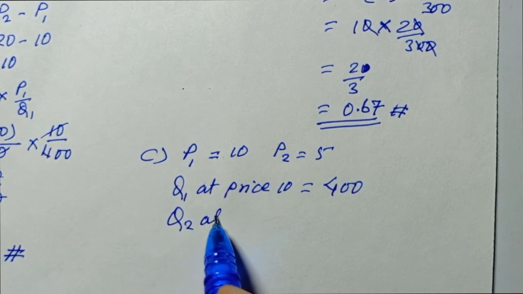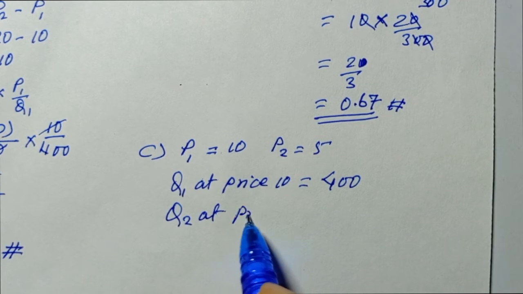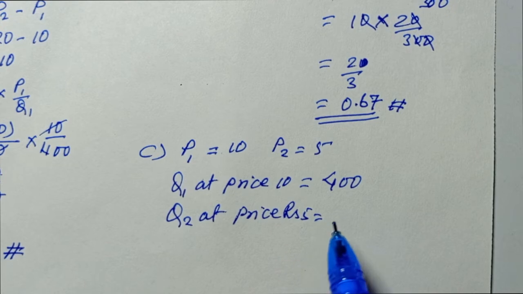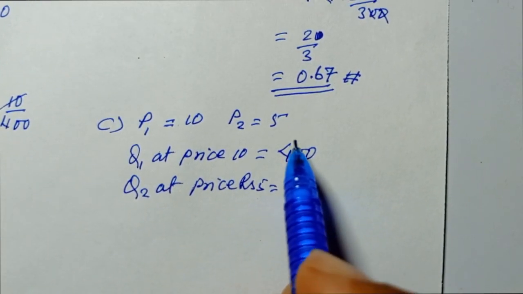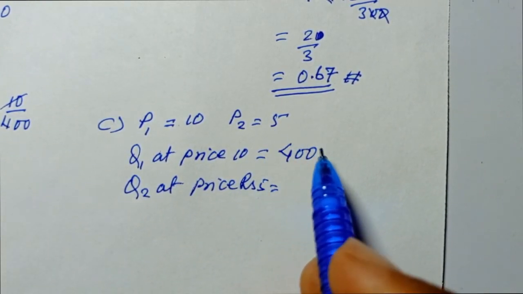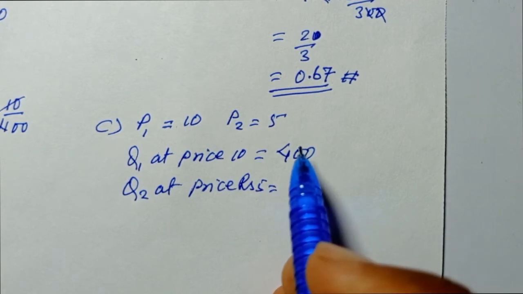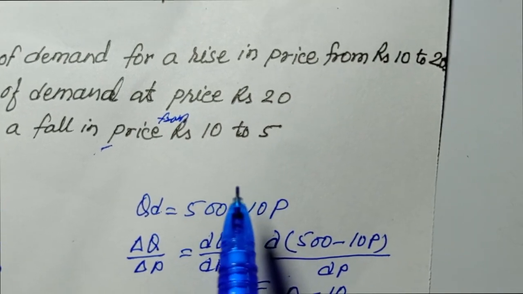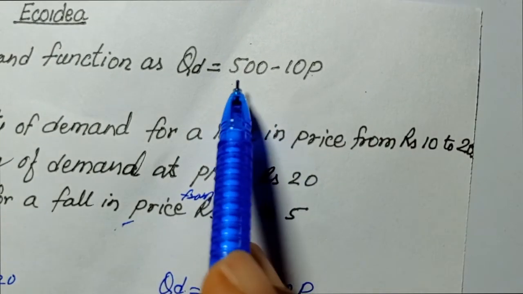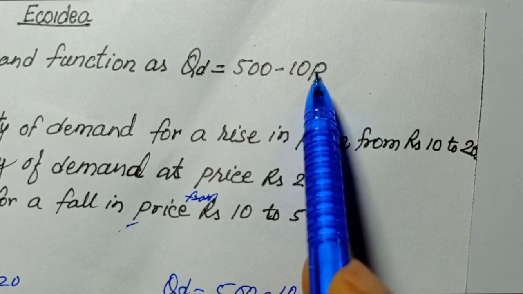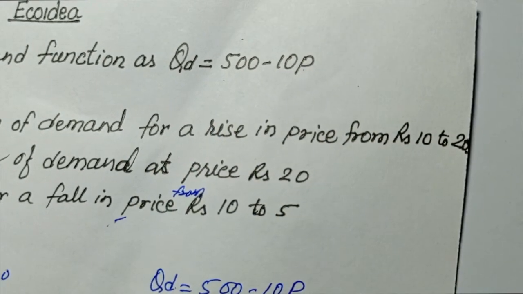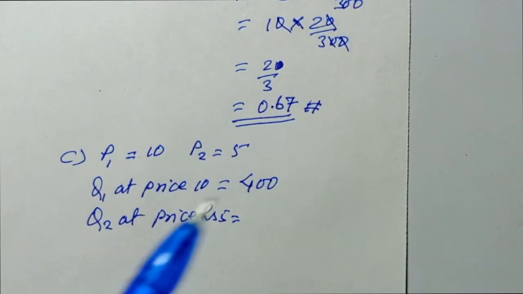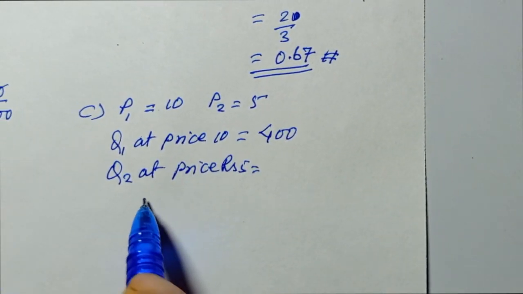Q2 at price rupees 5 is equal to, you should write this 5 in place of P in the demand function. In this demand function, you should write 5 in place of P, means P should be replaced by 5, and calculate the new quantity.